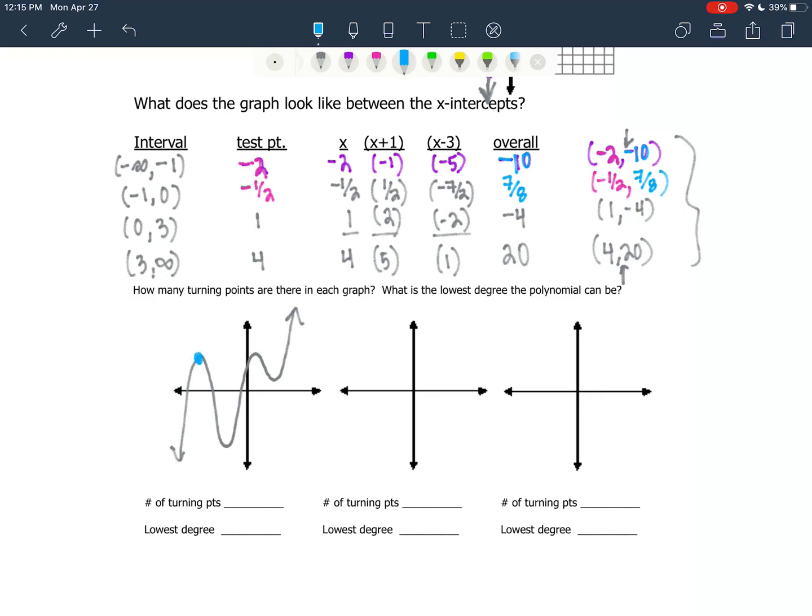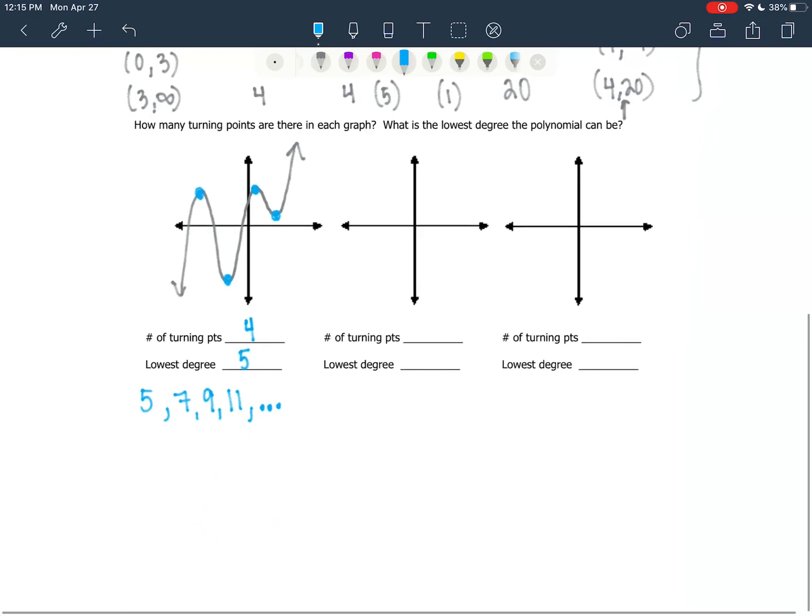Okay, so this has 1, 2, 3, 4 turning points. That means the lowest possible degree that this can be is a 5. It could be a 5, it could be a 7, it could be a 9, it could be an 11. It could be any odd degree, 5 or higher, but the lowest degree it can be is a 5.